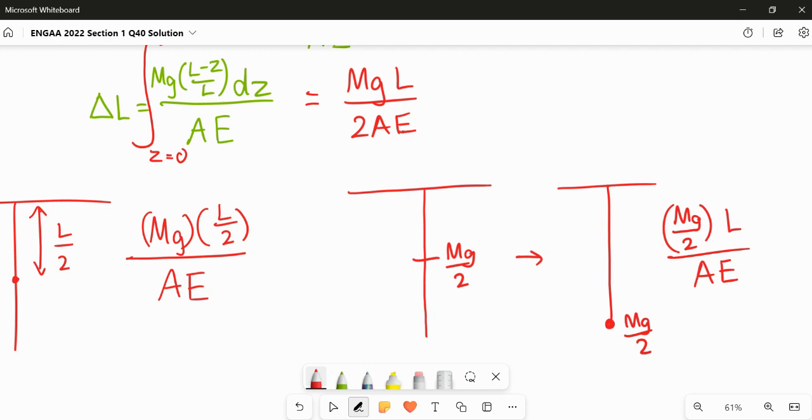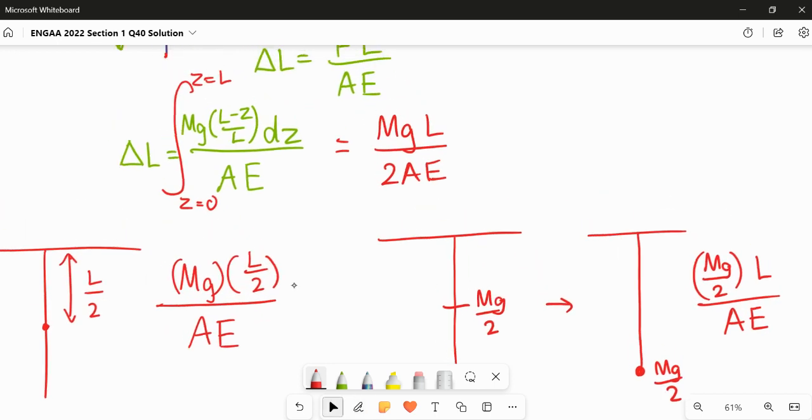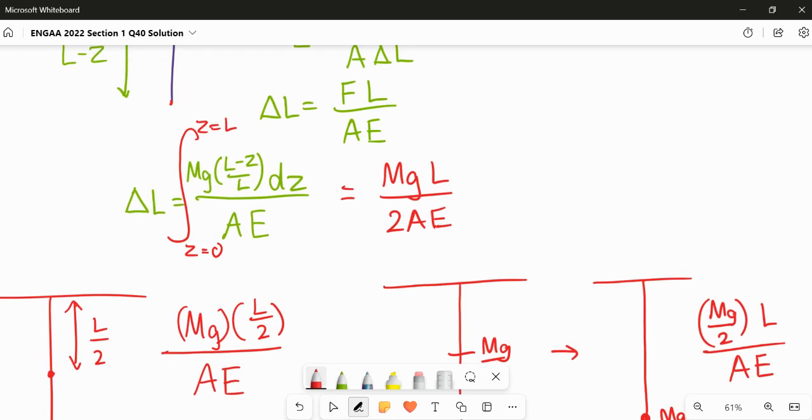So let's get the extension using this formula. Again, we're comparing this to that FL over AE. So it's either we have the average force for F, or we consider the whole force acting at L over 2, which would be the kind of natural length of this light spring.